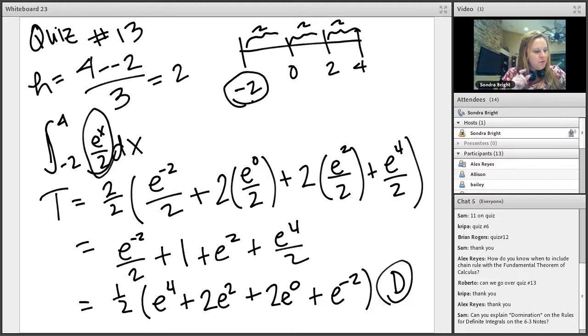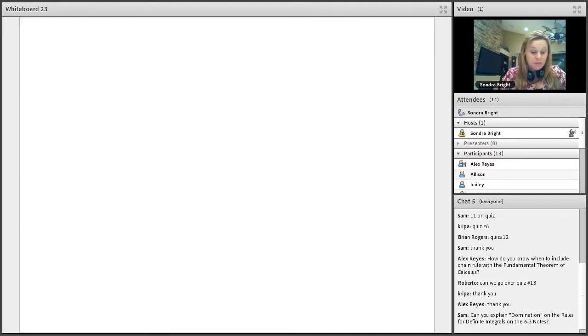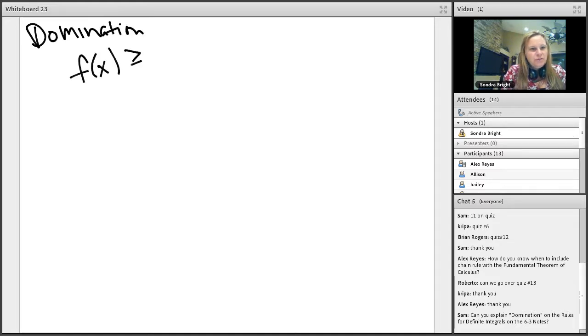You usually see 1 through 5 the most, right? But domination is actually a pretty simple thing. It tells you f of x is greater than or equal to g of x. These are like y values of two functions.